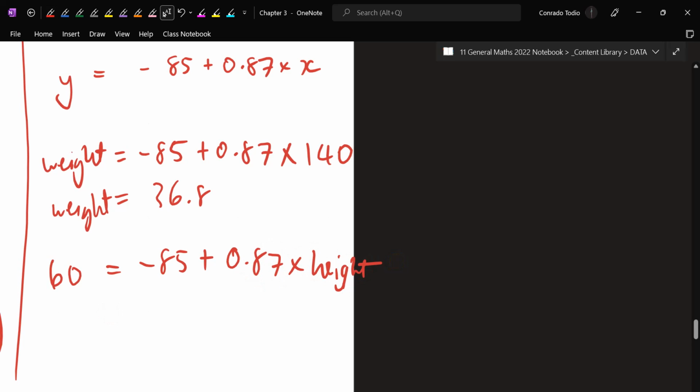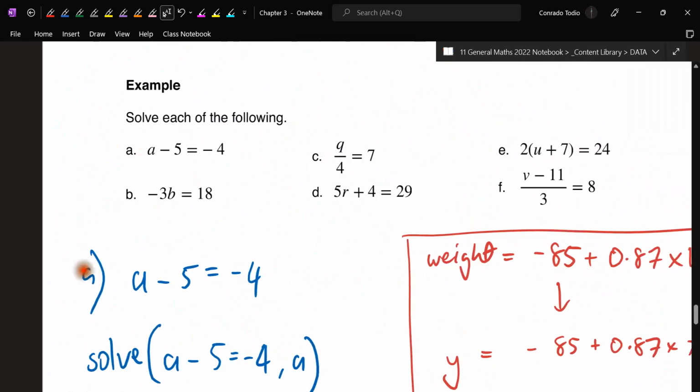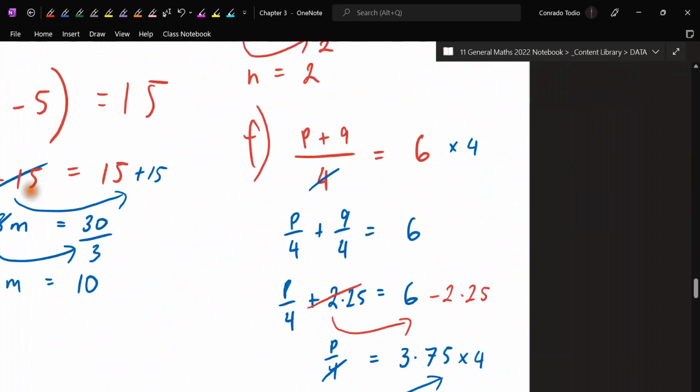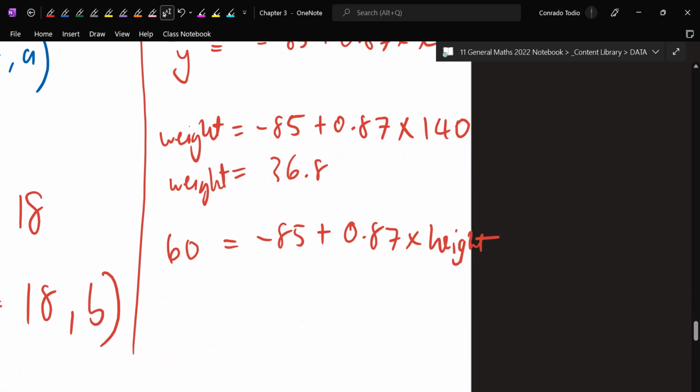How do we solve this now? We can use what we've been doing, the inverse operations, but you can also do this on your CAS. If you are doing it on your CAS, you just have to change the variables back to X and Y. So if Y equals 60 equals negative 85 plus 0.87 times X, what is X?